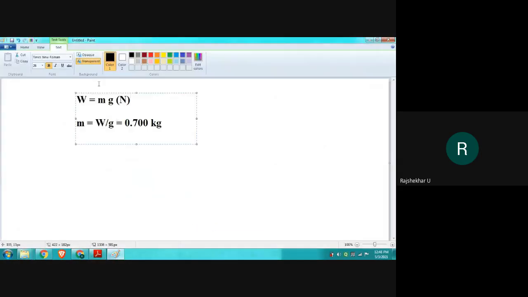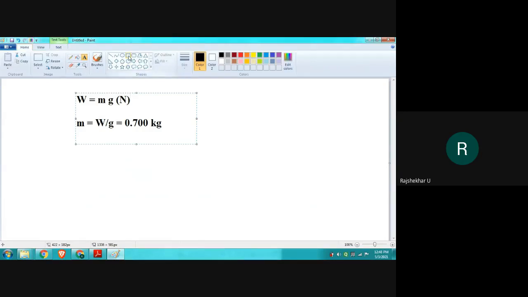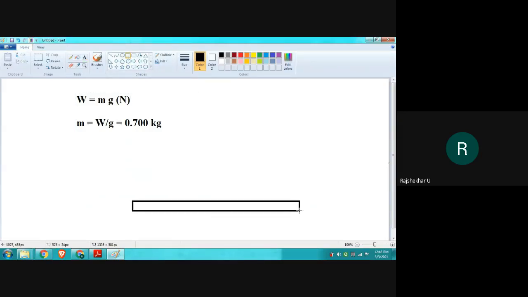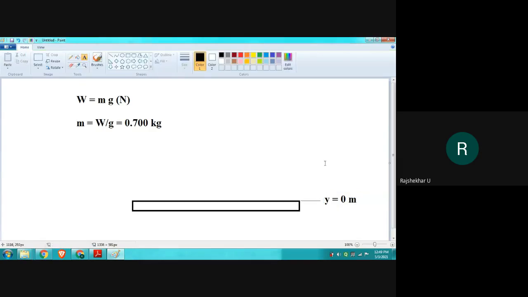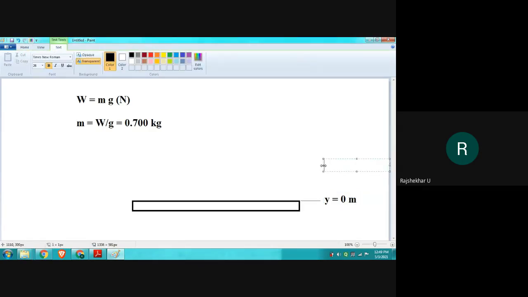I'll try to show it. See, this is the plate. Y is equal to 0 is here, and there is one more condition, that is y is equal to 0.15 meter.